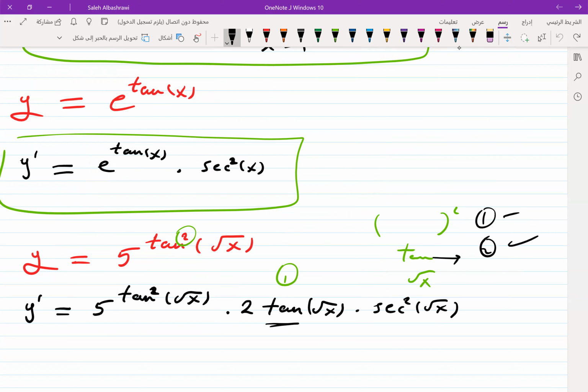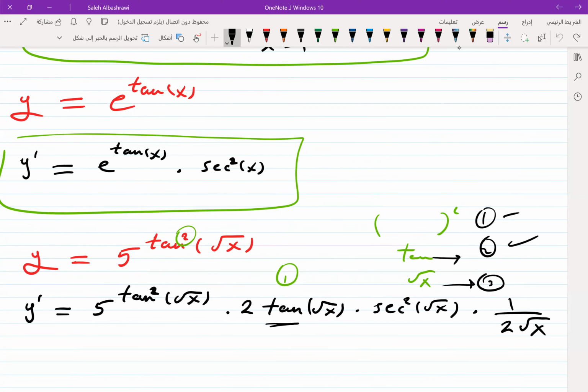So we are done from the second one. Now we differentiate the third one. That is the derivative of square root is 1 over 2 square root of x. So it will be 5 to power tangent square root of x multiplied by 2 multiplied by tangent square root of x. Then we differentiate tangent.